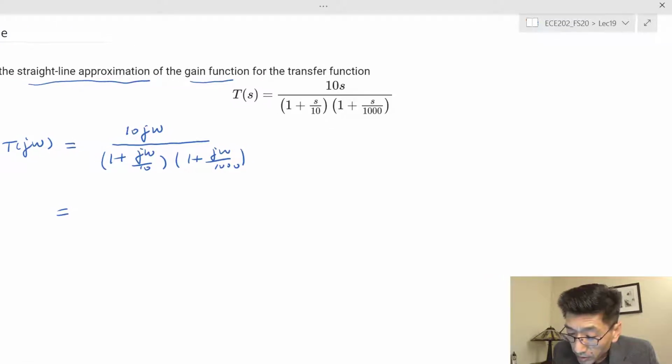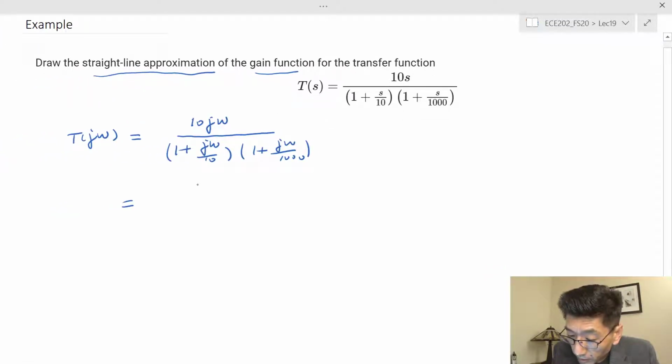In this case, the first term is jω over 0.1, and the other 2 terms are the same, so I'm not going to write that.